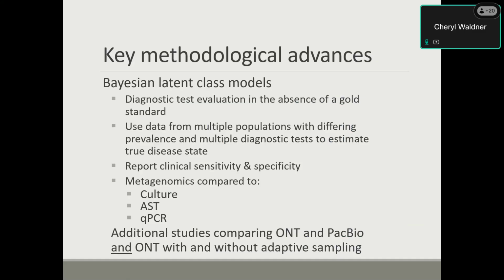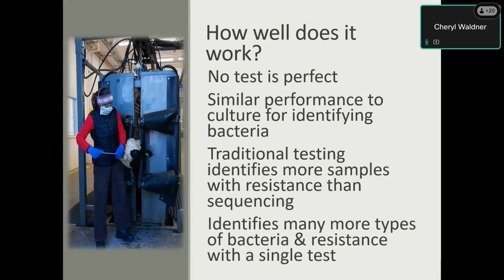And then I also mentioned we've done the PacBio studies as well. So trying to get moving here just to wrap things up. Bottom line is no test is perfect, but we've got very similar performance to culture for identifying the bacteria.